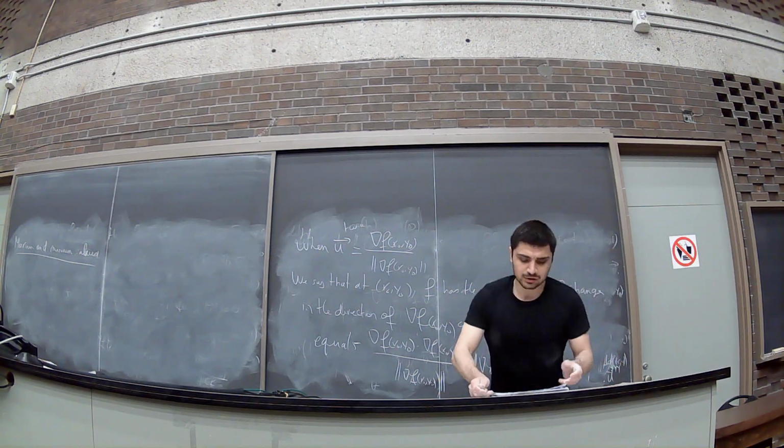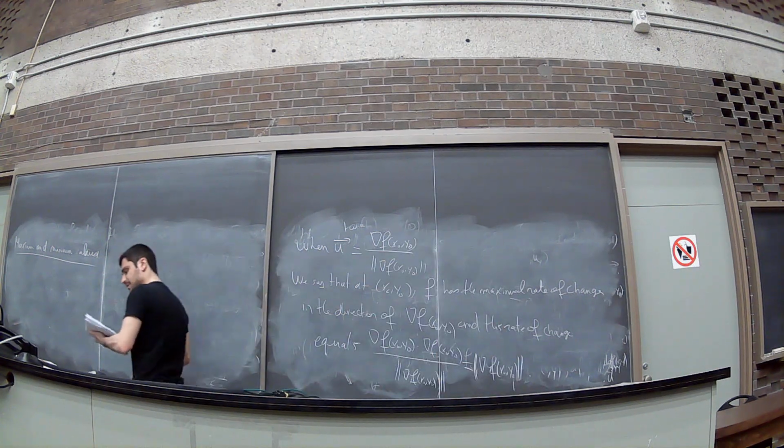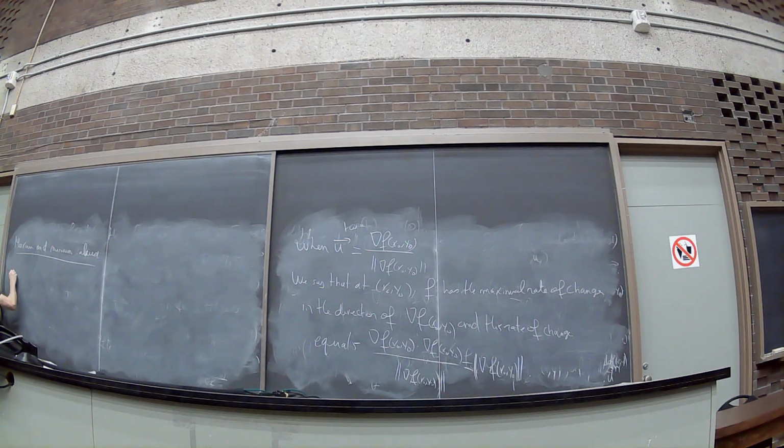So, let's write some stuff. We take f from R squared to R. It could be defined on a smaller set, not necessarily R squared.